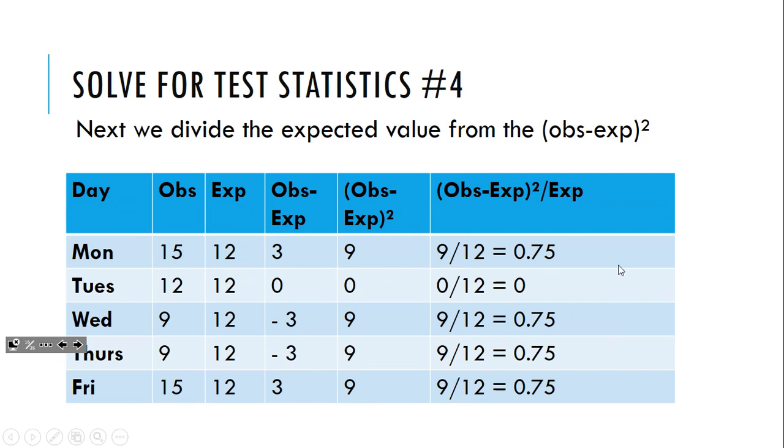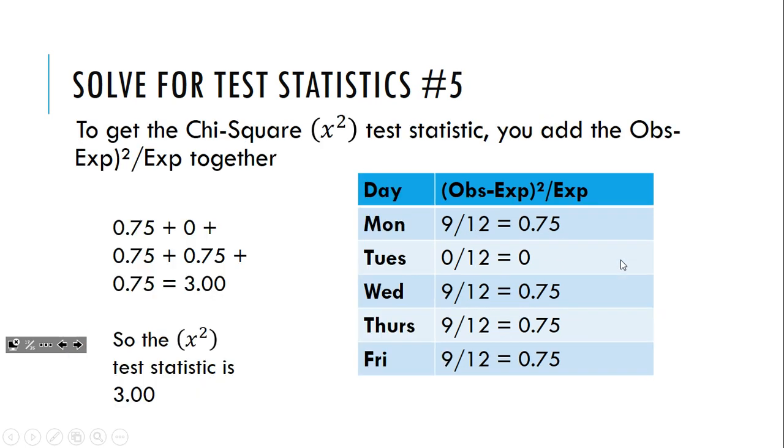Then we divide by the expected value for that day, which isn't always the same number, but for this one it is: 12, 12, 12, 12. So we take all those and add them up. They all happen to be 0.75 this time. We just add them and we get 3. So that's our test statistic, 3.